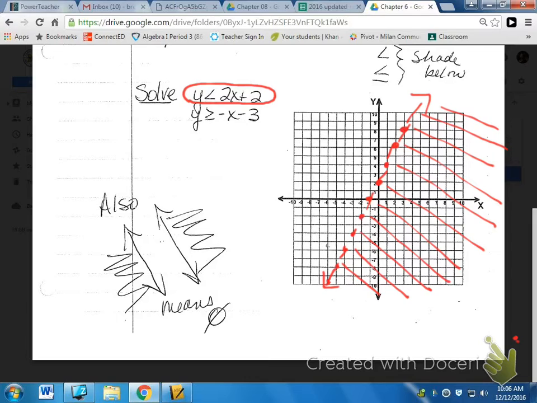Okay, the next one I'm going to do in blue, to kind of distinguish between the two. y greater than or equal to negative x minus 3. So I start out on negative 3 on the y-axis. What's my slope? Negative 1 over 1. So fall 1, run 1.